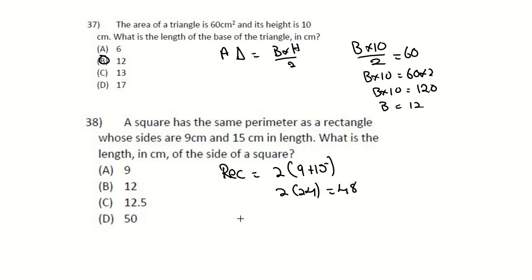So we know that is the perimeter of the square, which is 4 times side, which is equal to 48. So my side is equal to 12. What is the length of the side? It is 12. So that's how you would have done this question.